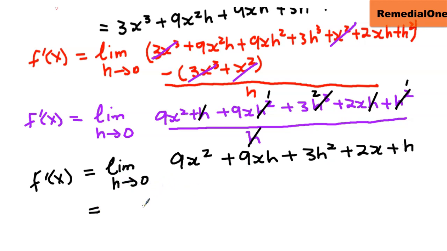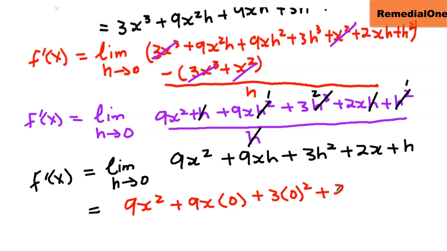The h is turning into 0, so as h turns into 0, we are getting 9x squared plus 9 times 0, because here is going to be that. The h is turning into 0, and here 0 squared plus 2x plus 0. And that is going to give us, this one will go away, turn into 0, already 0. So we got 9x squared plus 2x. And that we are done.